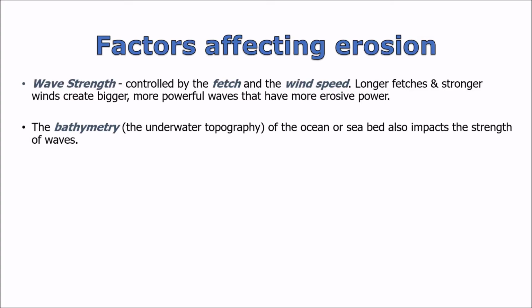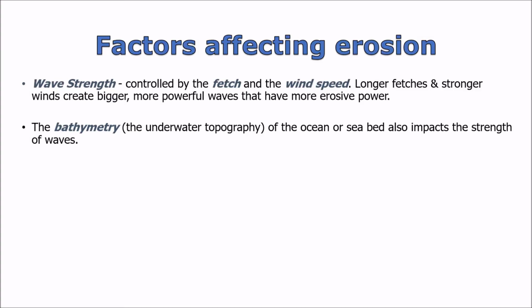Linked with that is also what we refer to as the bathymetry, or the underwater topography of the ocean or seabed. That has an impact on waves depending on whether the seabed is gently sloping or quite steeply sloping. If the seabed is quite gently sloping, the waves will have friction with the seabed quite some distance from the shoreline.